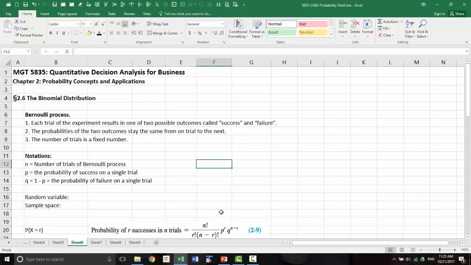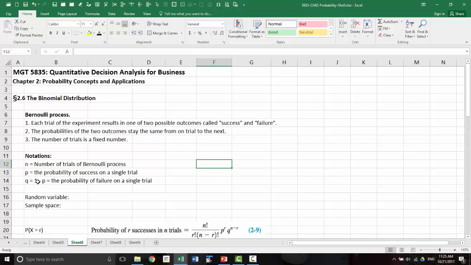Sometimes, if you're looking for fraud, success here would be identifying the fraud. So this success is a placeholder for the outcome that we are interested in. And then q is going to be 1 minus p, because there are only two possible outcomes.